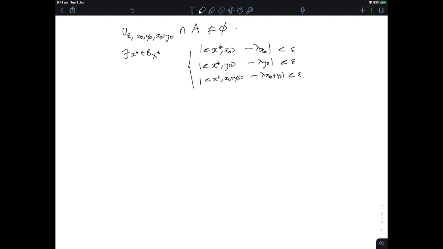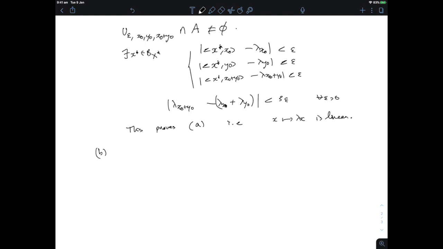Okay, and now using triangle inequality, you get that lambda of x naught plus y naught minus lambda x naught minus lambda y naught is smaller than 3 epsilon for all epsilon. So lambda of x naught plus y naught has to be equal to lambda x naught plus lambda y naught. This proves 1a, i.e. x goes to lambda x is linear.